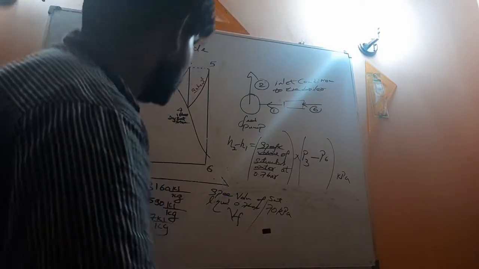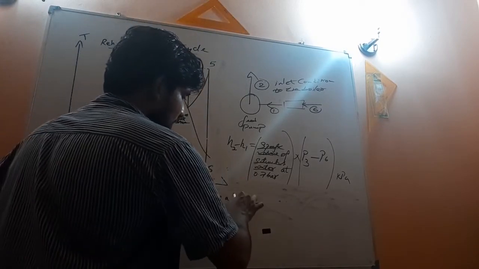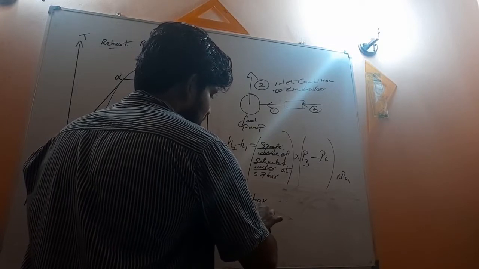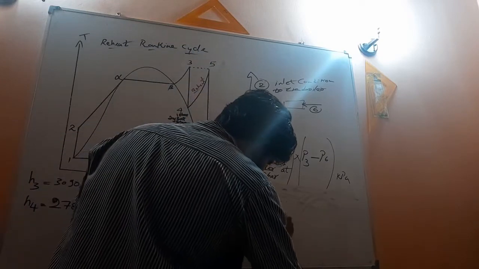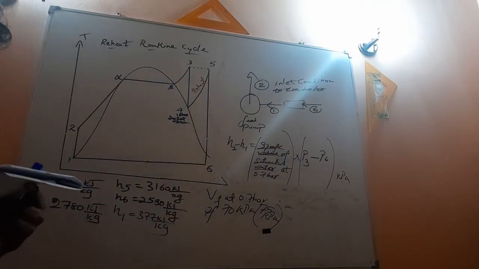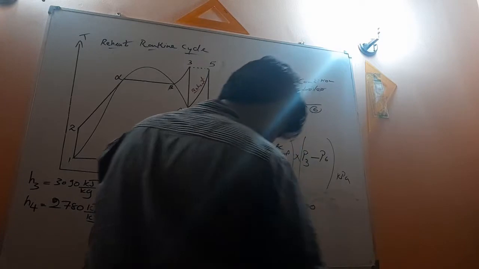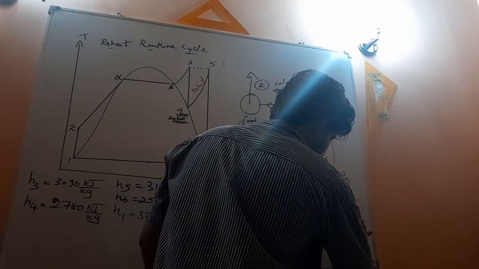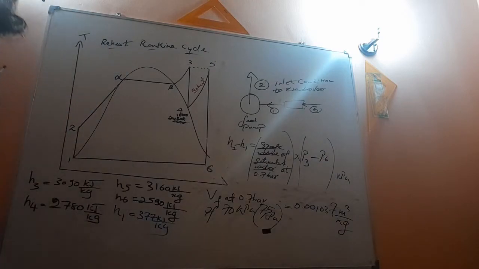I want VF at 0.7 bar or 70 kilopascals, but unfortunately this chart doesn't have 70 kilopascals; we have 75 kilopascals. The specific volume at 75 kilopascals is 0.001037 cubic meters per kilogram.